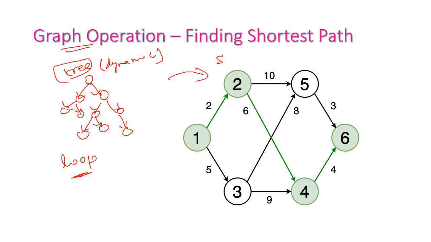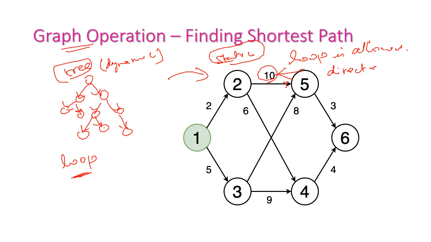Graph is a static one. Here loops are allowed. Here the edges can be directed edges or undirected edges.